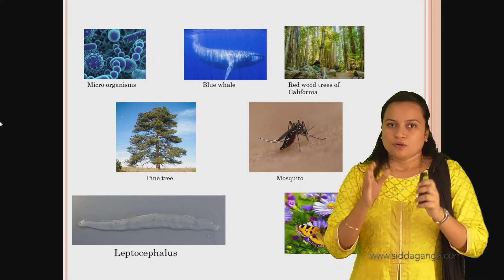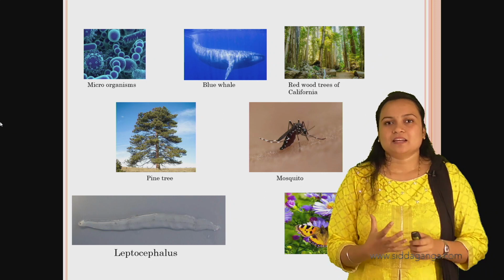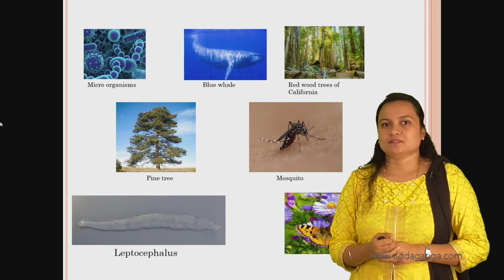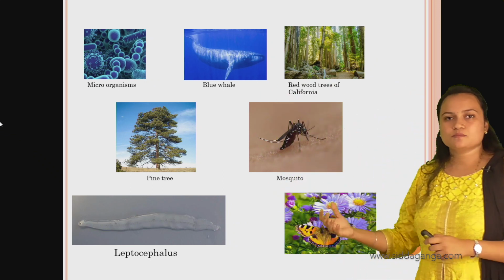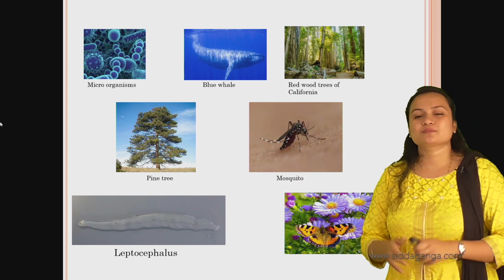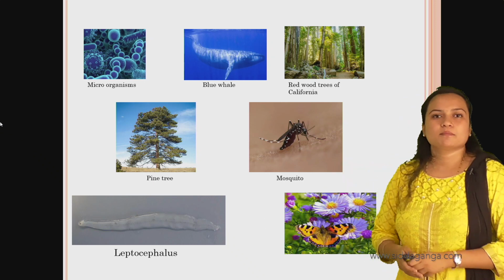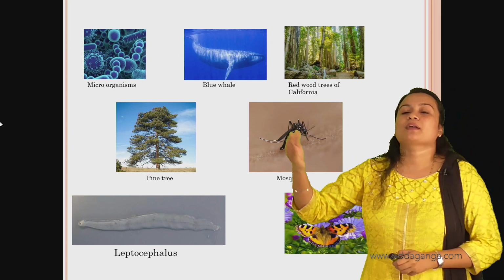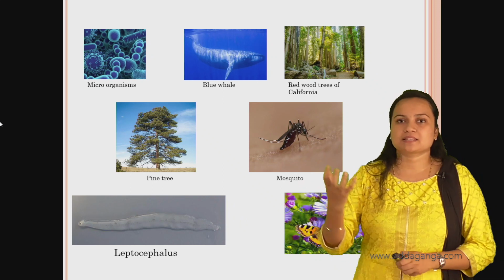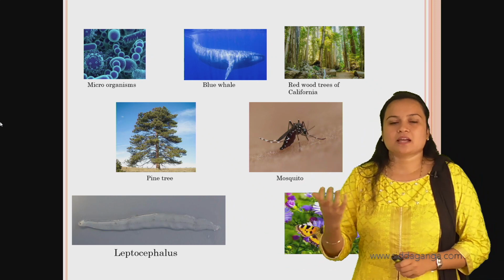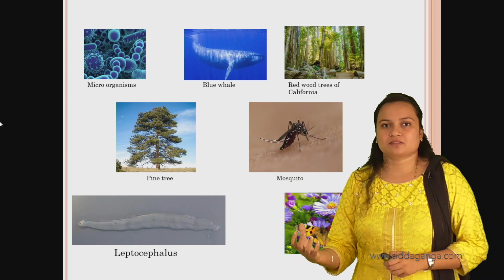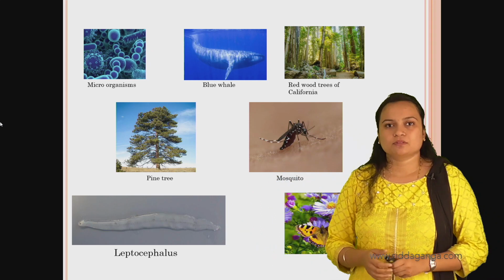No, right? For that sake, there is a grouping of organisms. The different types of organisms can be grouped. So we make them into groups, and later we can study the similarities and dissimilarities, the differences of that group, right?